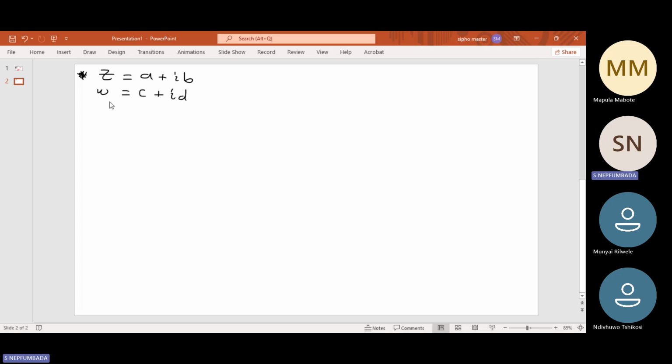Now, if we want to find z divided by w, which is a plus ib divided by c plus id, then we have to multiply by the conjugate of the denominator, so we've got c minus id divided by c minus id.